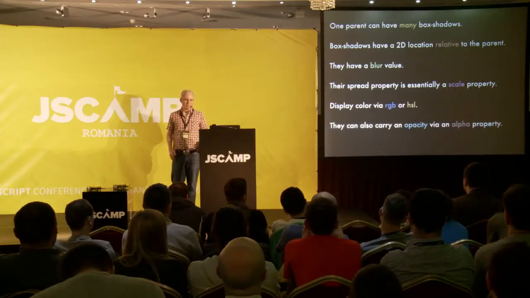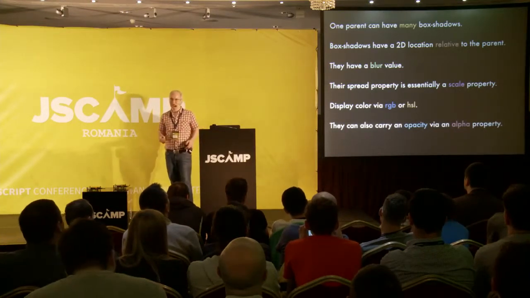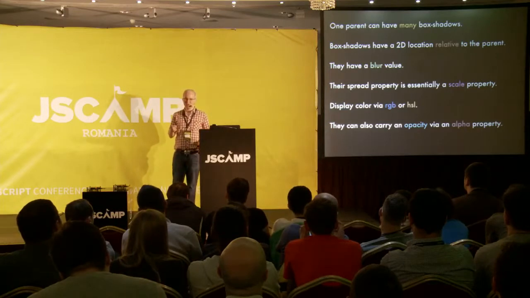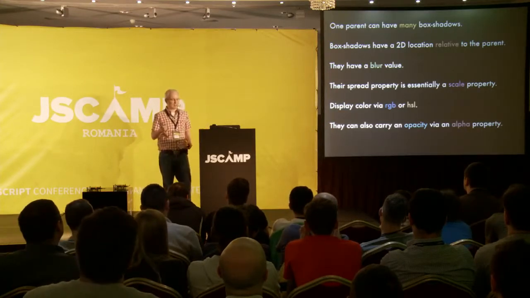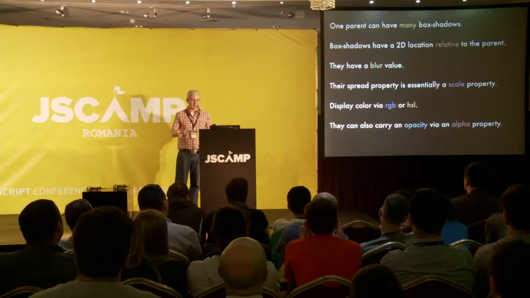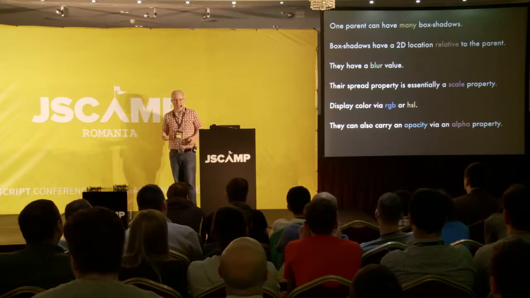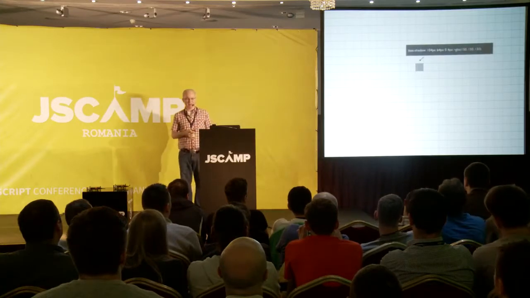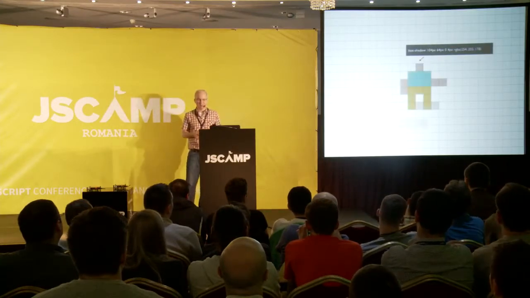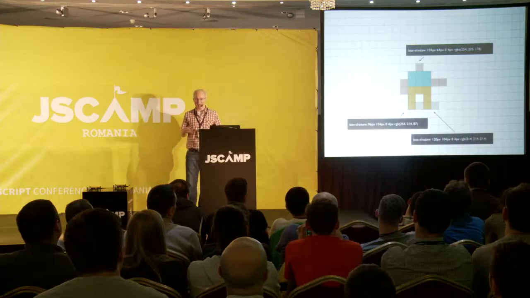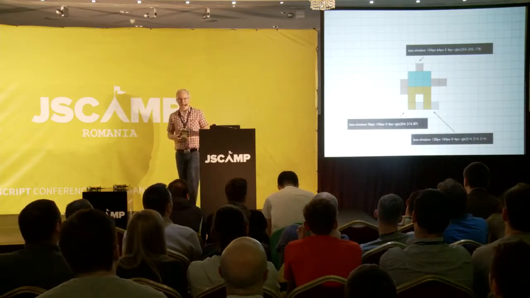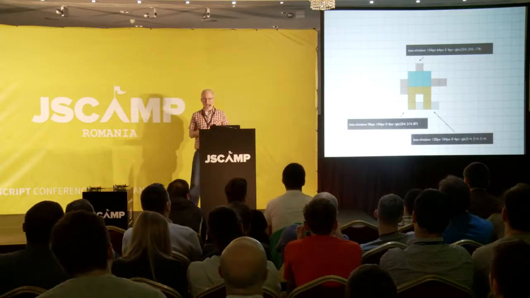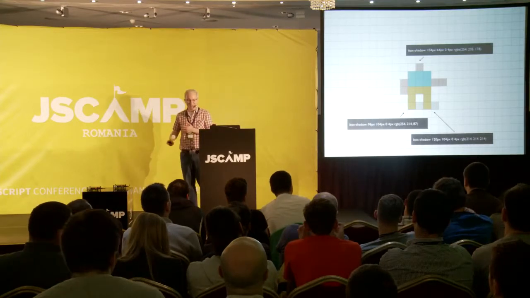And their color can be displayed with RGB or HSL, which is hue, saturation, and lightness. And that's really interesting. They can also carry an opacity that we can set. So if I want to create shapes with box shadows, it's just a matter of positioning them where I want them. And if I want to create animation, natural simulations with box shadows, it's just a matter of positioning them where I want them over time.